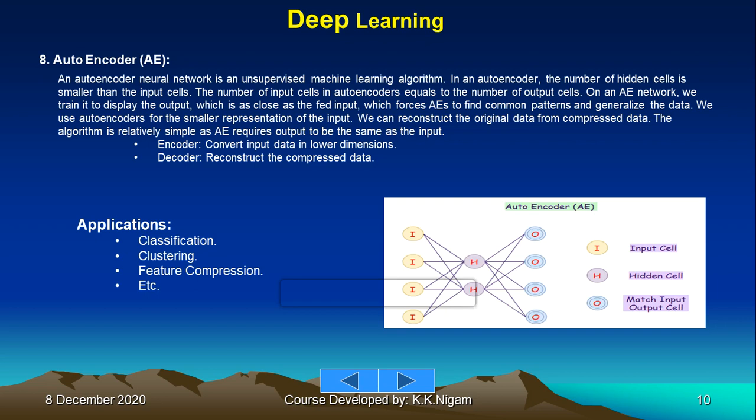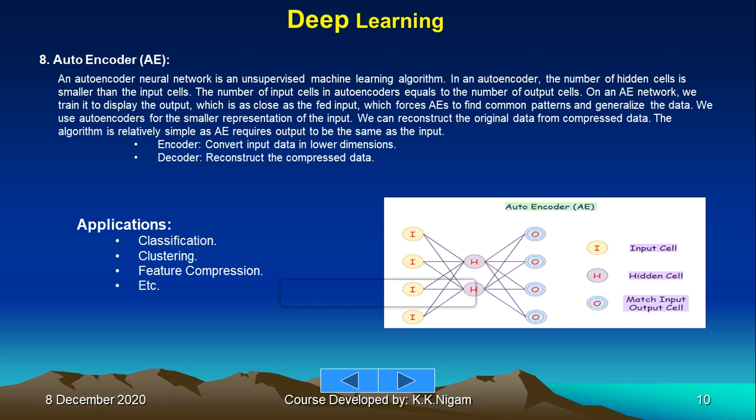On an AE, that is autoencoder network, we train it to display the output which is as close as possible to the fed input, which forces autoencoders to find common patterns and generalize the data. We use autoencoders for a smaller representation of the input. We can reconstruct the original data from compressed data. The algorithm is relatively simple as autoencoder requires output to be the same as the input.